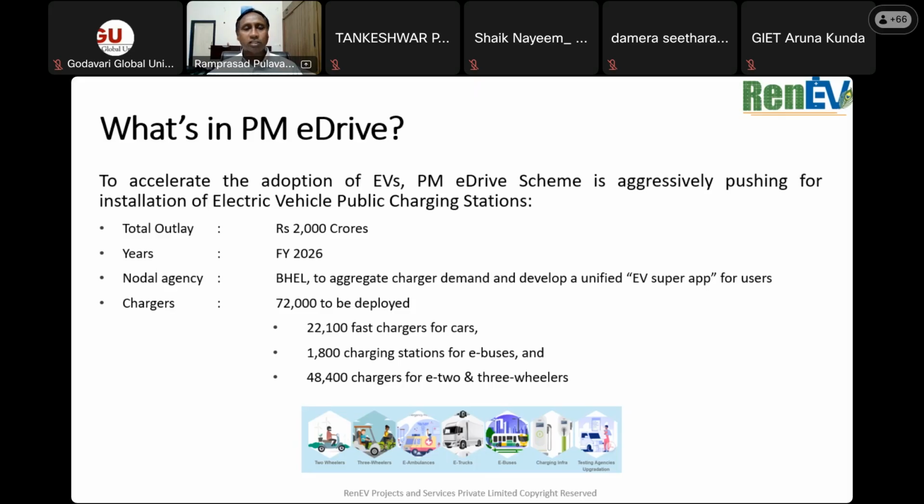So it is supposed to be implemented in this financial year FY26, and the nodal agency is BHEL. Everybody must be familiar with BHEL. So BHEL stands for Bharat Heavy Electricals Limited, to aggregate the charger demand and develop a unified EV super app for users.